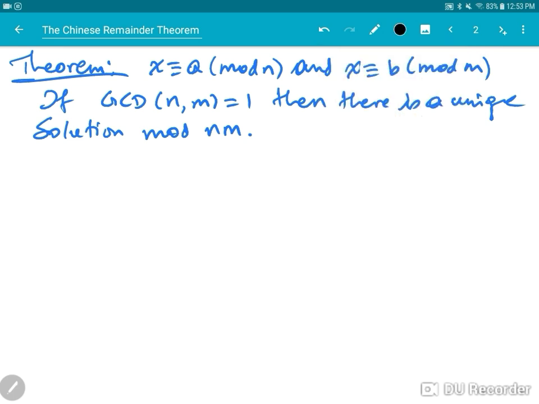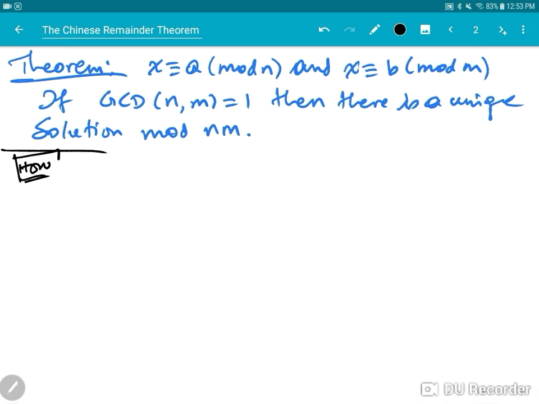Okay? So how we solve it is just the how, not the proof of the theorem. How you solve the system is you first write x as a plus n times k for some integer k.